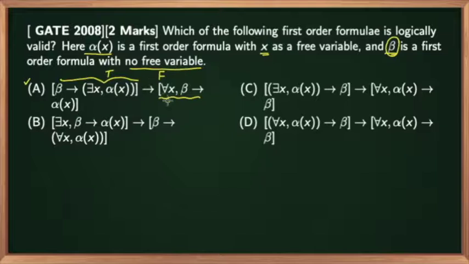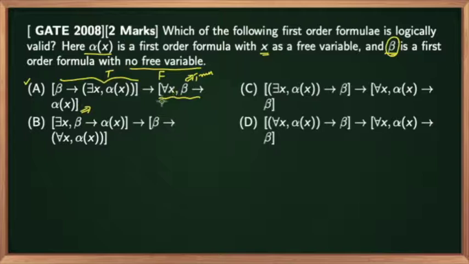This right hand side will be false only if you have beta is equal to true, and the right hand side alpha of x is false. So that means at least one alpha of x should be false, right? At least one alpha of x should be false to say that for all x beta gives alpha of x is false, right?